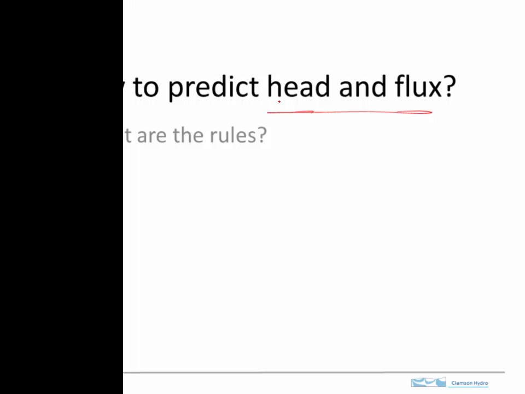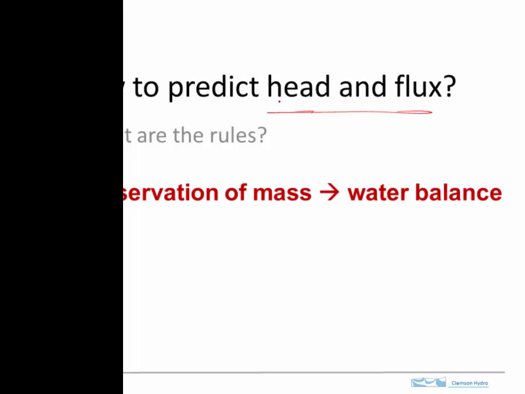And in order to do this, we have to draw on our understanding of how these processes work. And we'll take this understanding and use it to develop the equations that we'll then solve to make the prediction. So what are the rules? Well, the first one is conservation of mass. We said that this was a rule that we would obey.